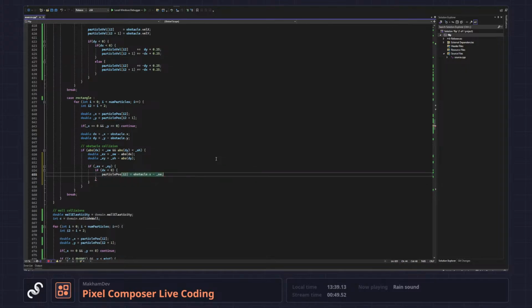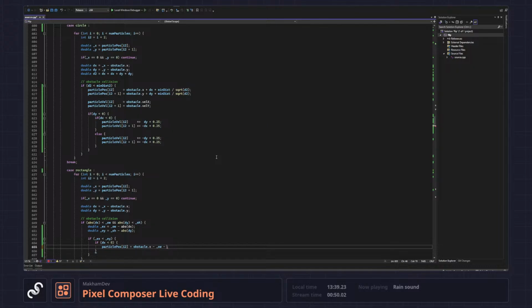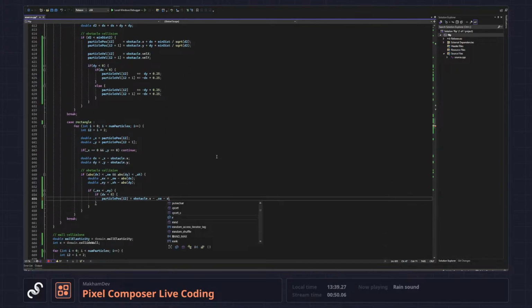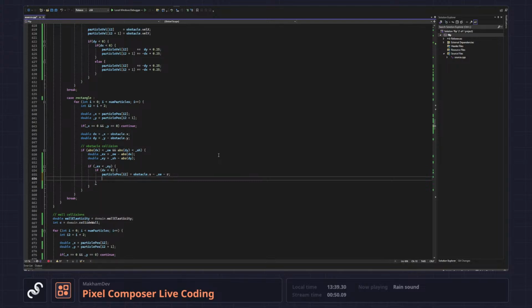Particle position would not be equal to this. Well, it would be equal to obstacle x minus OW, but then minus r, which is the radius of the particle itself. Then the position at y would be the same. Then the particle velocity at I2 would equal particle velocity times the obstacle elasticity.